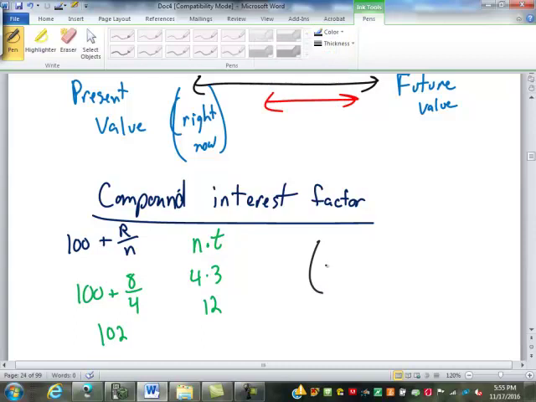The compound interest factor is 1, that's 100% as a decimal, plus r, notice I use a little r, that's my rate as a decimal, divided by n, which is my number of periods in a year, to the power of n times t.